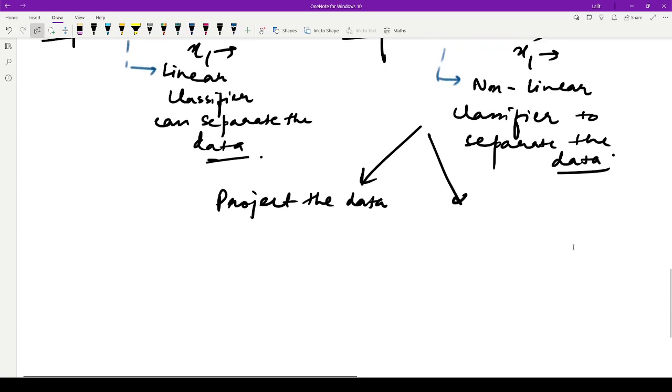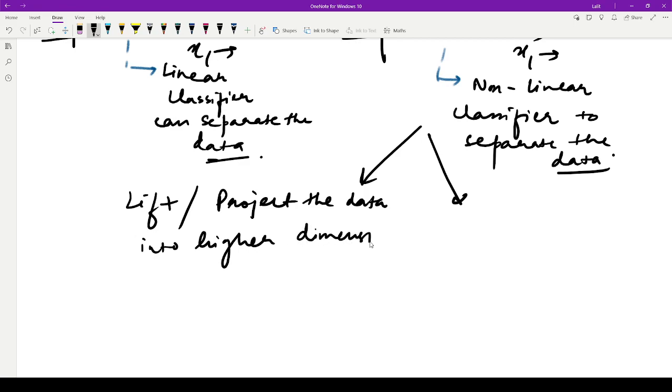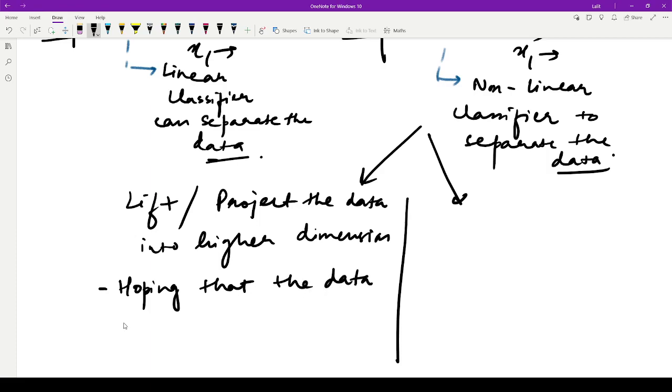I would like to use the word lift the data into higher dimension. What is the assumption out there? We are hoping that the data in higher dimension is linearly separable.